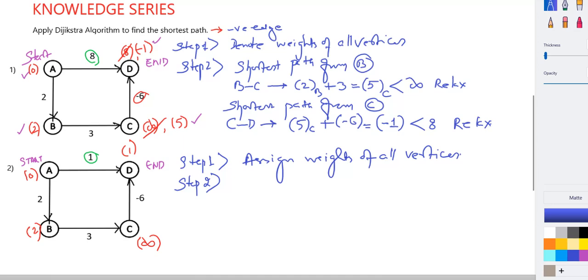Step 2: among these, which is the shortest path? By viewing it, automatically D is the shortest path because its weight is 1.